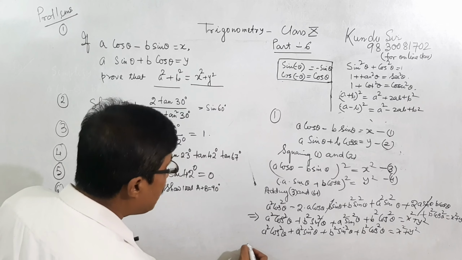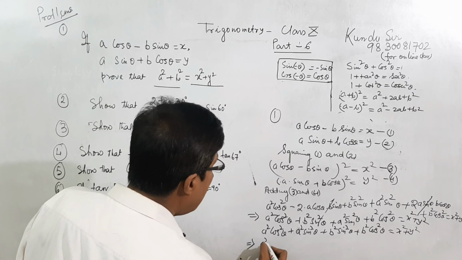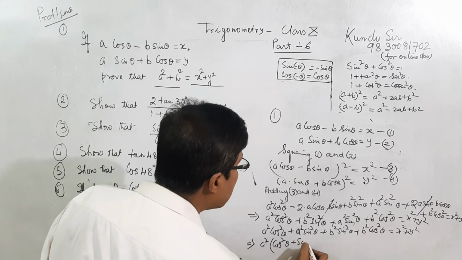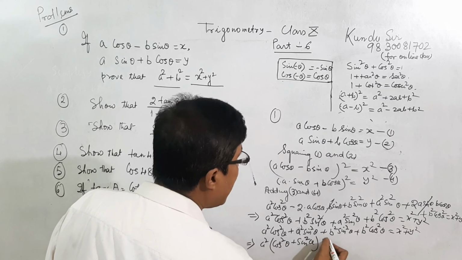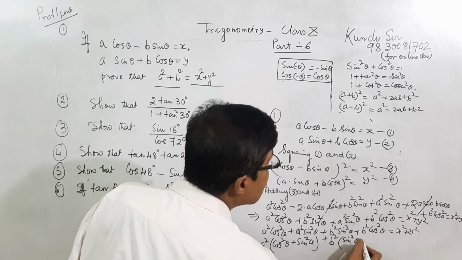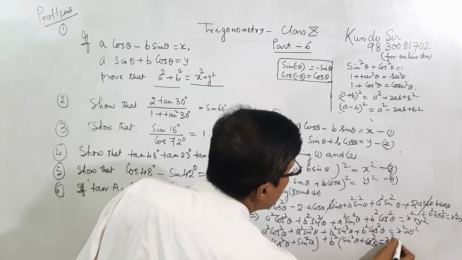The next step is we take common a square. We get cos square theta plus sin square theta. Similarly, we take common b square, sin square theta plus cos square theta, equal to x square plus y square.